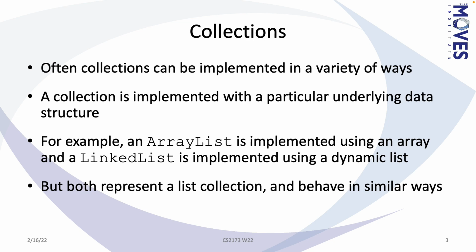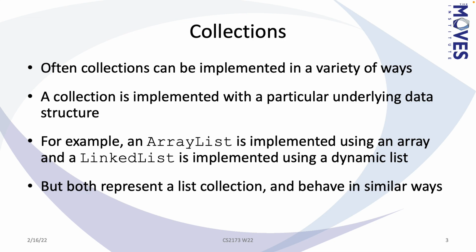Whereas a linked list is implemented, and actually the linked list is actually a double linked list, as it turns out. So in the old days, the distinction between a single linked list and a double linked list were things that people fussed about. By the time Java came around, they realized, well, let's just make everything a double linked list, because even if we only need the single part, then the extra stuff for double is not a big overhead.